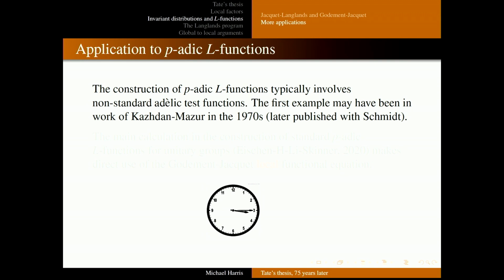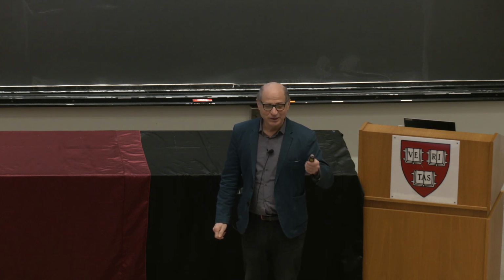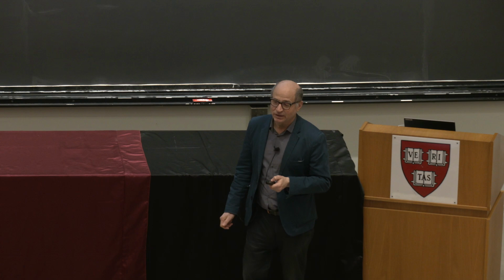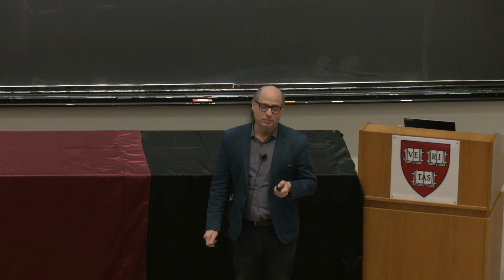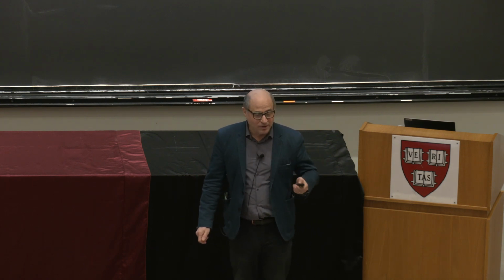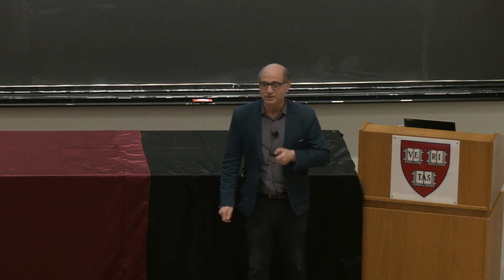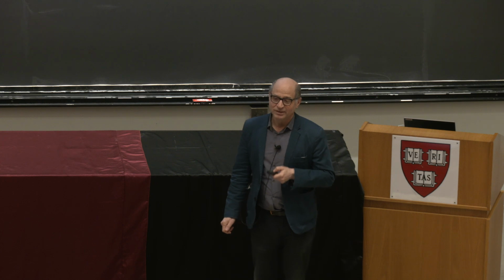All right, let me just mention one more thing that you can do with this local factorization. You think that Tate introduced all these general Schwartz functions, and then you have the symmetry property, but what do you do with the other zeta integrals? Well, if you've ever worked with p-adic L functions, you know that you need to put other data into the integral.